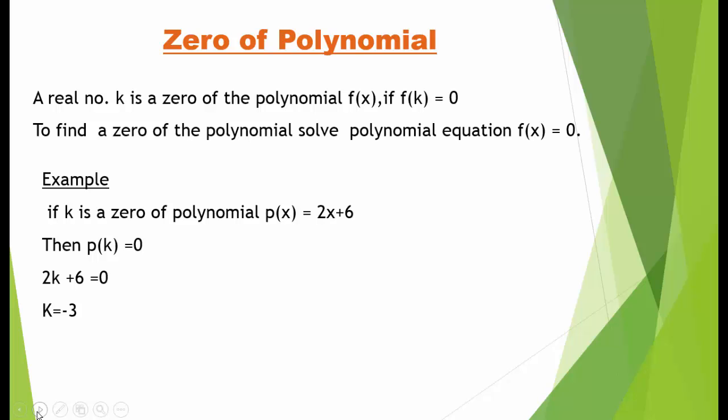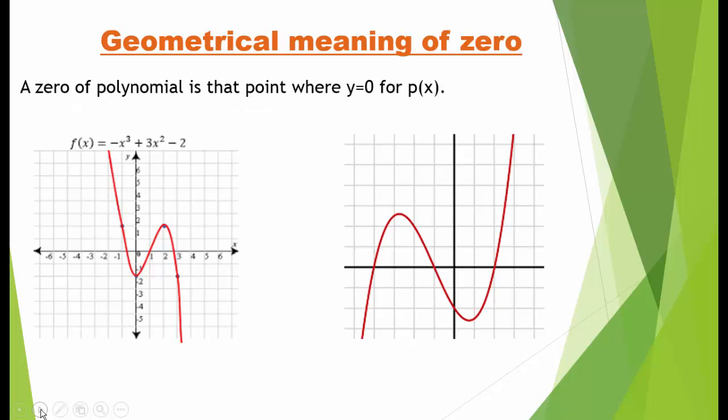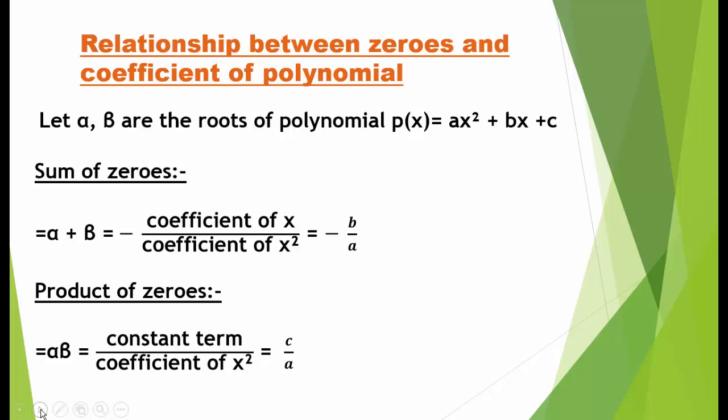We have to find that real number for which the value of the polynomial comes out 0. And then we discussed the geometrical meaning of zero. It means the number of points where it cuts the x axis or y axis. This we also discussed for the quadratic equation.